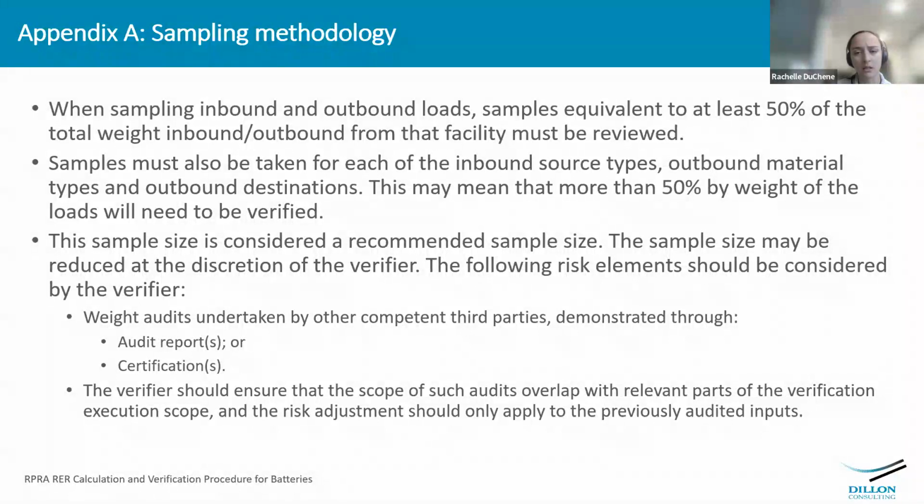This can change depending on whether you have multiple inbound and outbound sources, which is that second point there. And the third point: this is a recommended sample size, and I think Sydney or Tessa touched on it before, but if your verifier considers your facility to be in similar circumstances and that the percentage should be lower, they can make that call at their discretion.